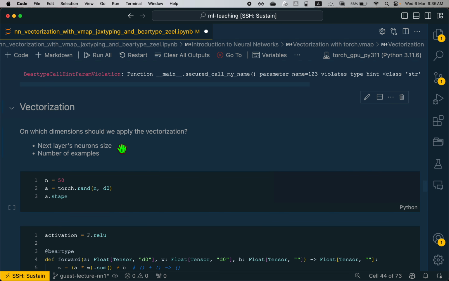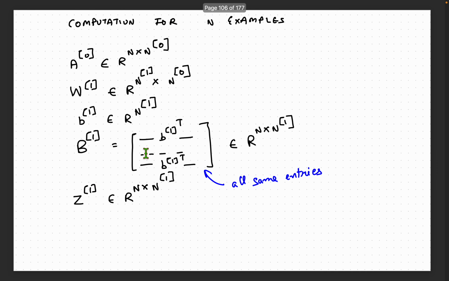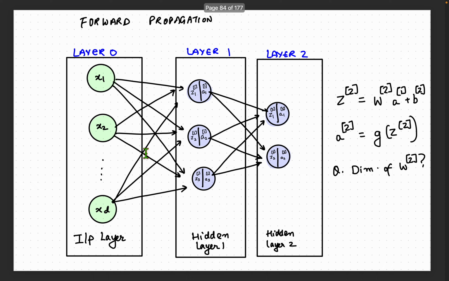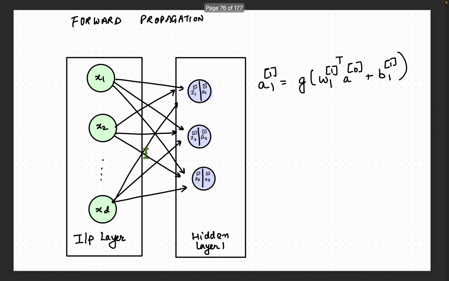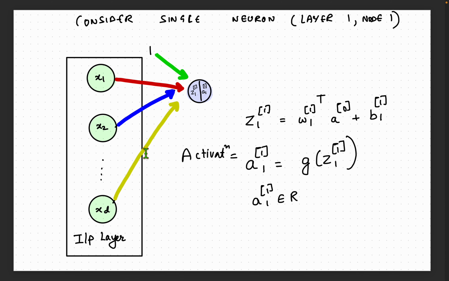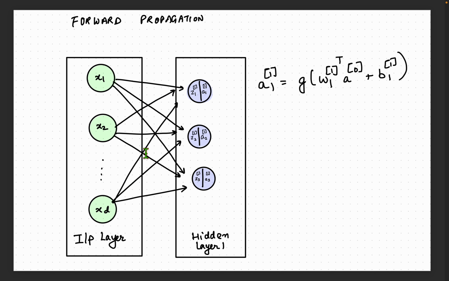Okay, so as we discussed in the slides, there are two places where we do the vectorization. The first place is the next layer's neuron size. Let me go back to the slides. Right, so here we discussed a forward pass over a single neuron, and then we tried to vectorize over the number of nodes in that layer, right?